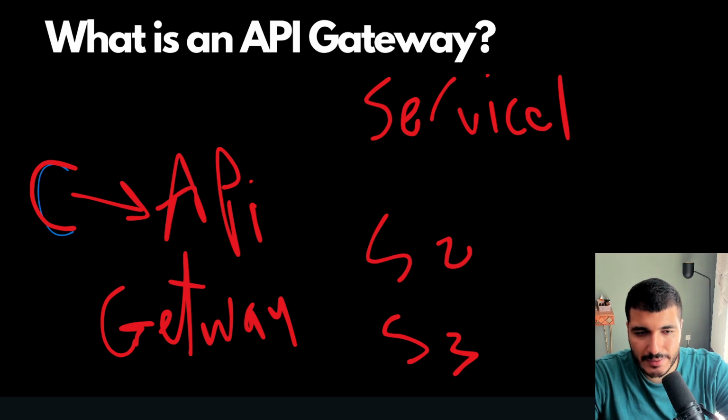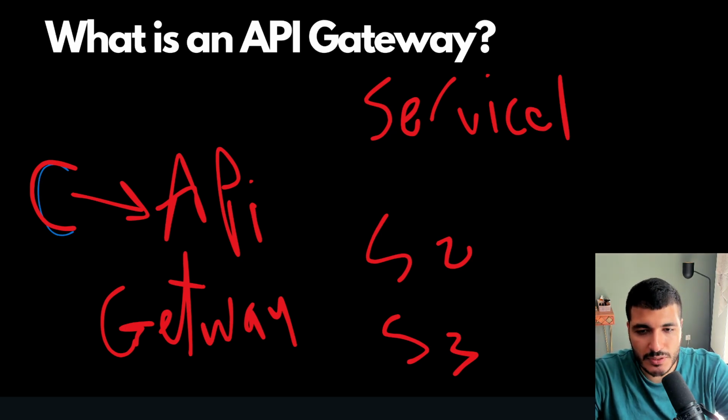And while it functions as a type of reverse proxy, I don't know if you know reverse proxy or not, but you can see the videos, I guess you can find them in the networking playlist. While it functions as a type of reverse proxy, it's more intelligent than that. Think of it as a smart service desk for your backend microservices.